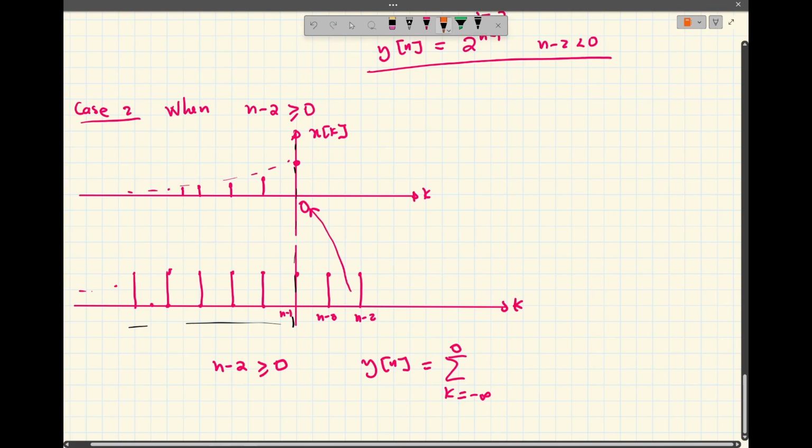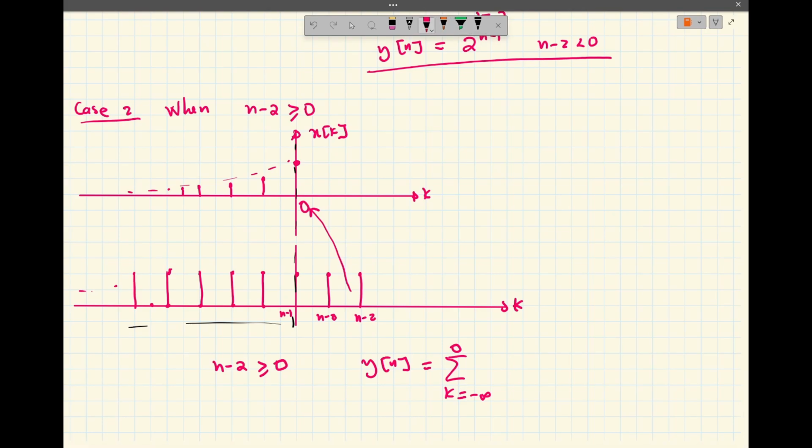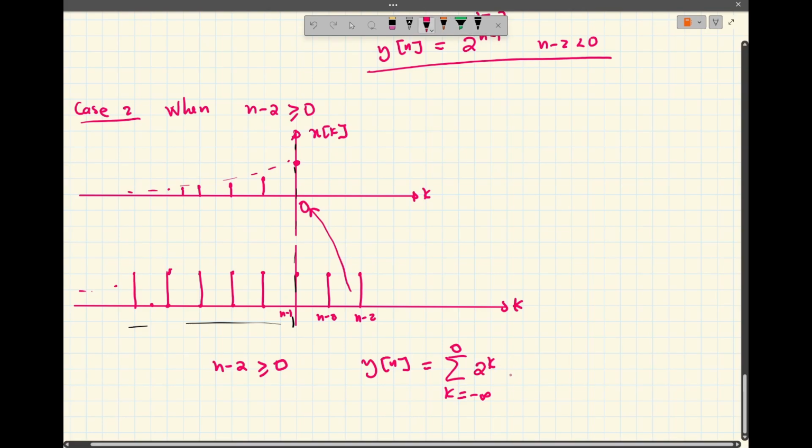So 2 to the k, applying our formula: 2 to the negative infinity minus 2 to the 0 plus 1, over 1 minus 2.